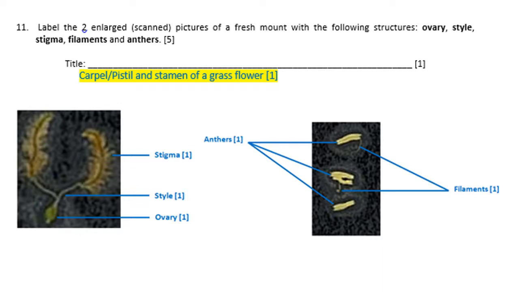Okay, now so on the left side, you're given the carpel or pistil of a grass flower. The grass flower generally is wind pollinated, so therefore you know that the stigma is feathery, and then that is the style. Okay, and then the ovary is the swollen structure at the base. All right, so stigma, style, ovary, these make up the carpel or pistil.